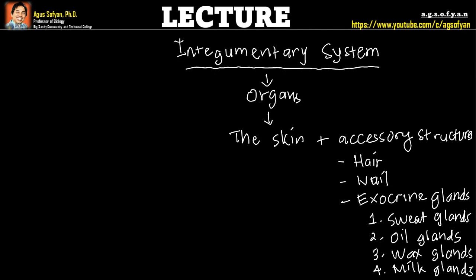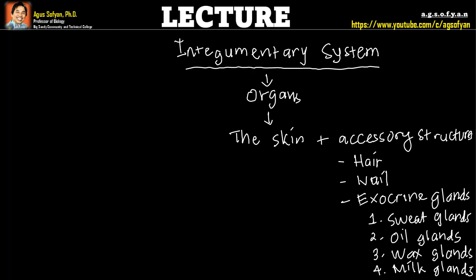So these are the structures of the integumentary system, which consists of skin and its accessory structures: hair, nails, and exocrine glands.